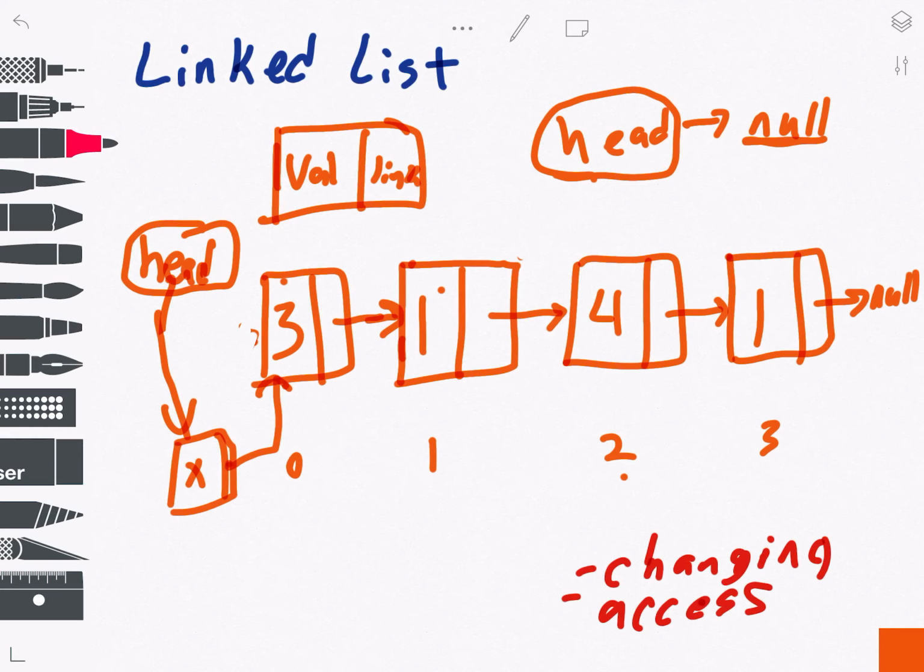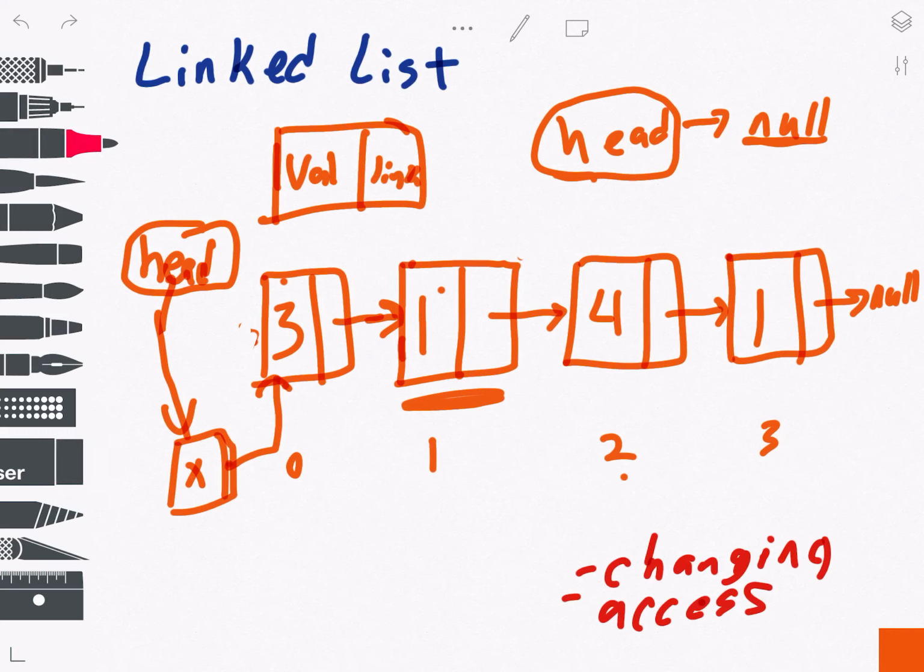And guess what? Removing an item becomes even more simple. Let's say we wanted to remove this item right here, the 1 item. We don't have to navigate to it. We don't have to copy anything over it. None of that has to happen. The only thing we have to do is we simply say, 3, I don't want you to point at 1 anymore.